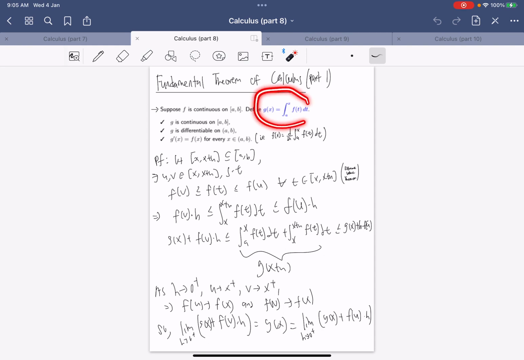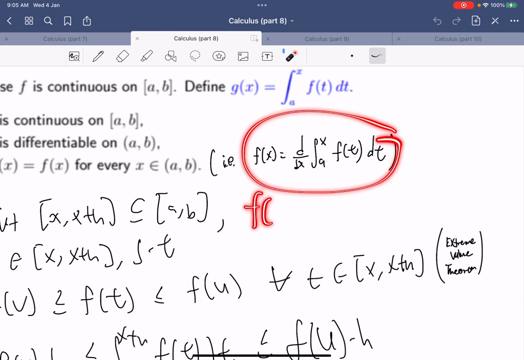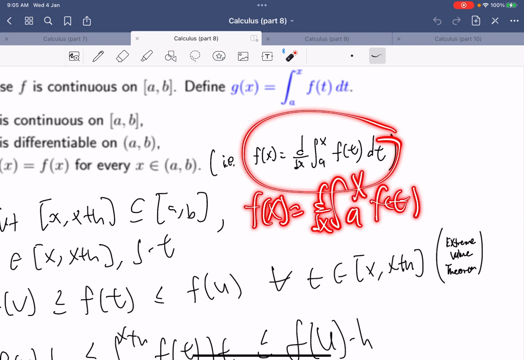And so we say that this is a well-defined function. We can actually now prove that g is continuous, it's also differentiable, and its derivative is actually f(x). And nicely, it gives us this formula: f(x) equals the derivative of the integral from a to x of f(t) dt.